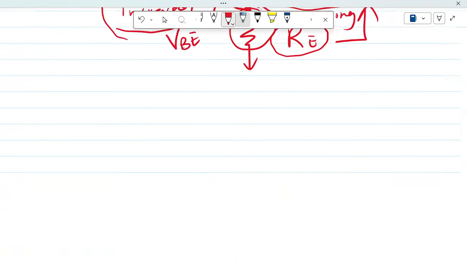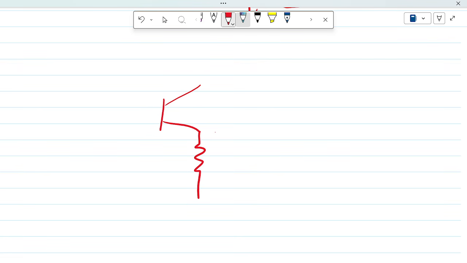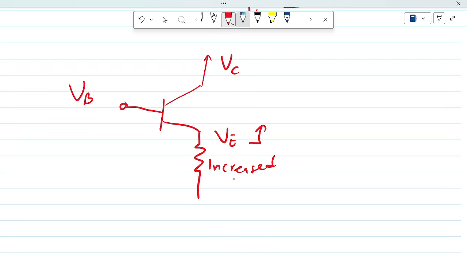So let me make sure it's clear. We are talking about three things here: the emitter voltage, the base voltage, and the collector voltage. The emitter voltage has risen because I increased RE in an attempt to raise the output impedance.